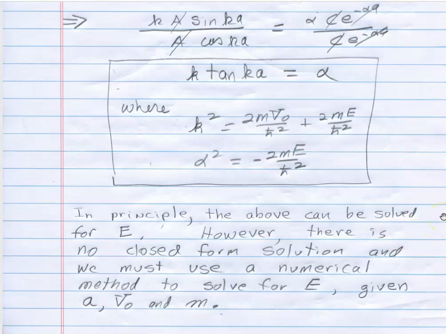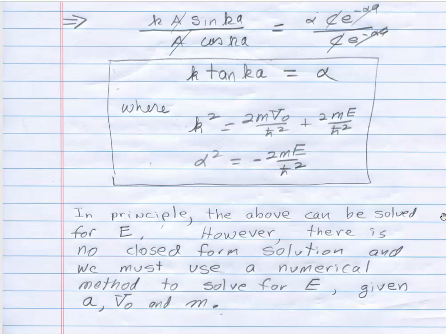So, in principle, the problem can be solved, but there's no closed-form solution to that equation set up there. We have to use a numerical method. So we have to be satisfied now with numerical solutions and not necessarily a full analytical form for the energy E. That's one issue. The other issue is that I can't leave a, V naught, and m as variable parameters in the problem.